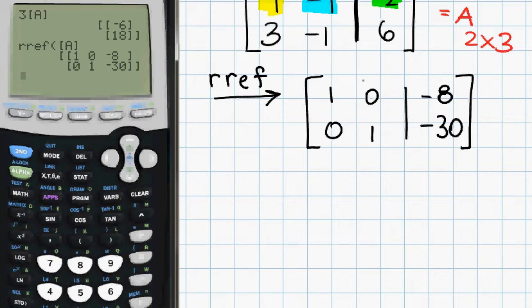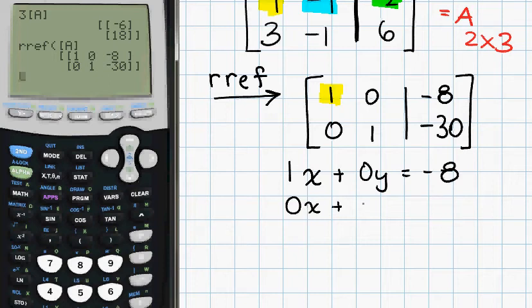So that first one is the one that should be next to the variable x. So we should have 1x plus 0 y's equals -8. And then our second equation should be no x's plus 1y equals -30.